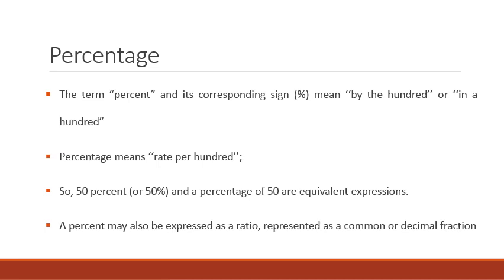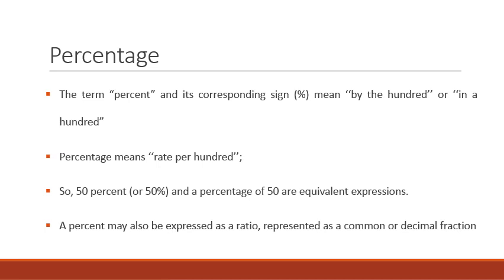So firstly, percentage. The percentage can be expressed by two terms. Number one is percent and second is percentage. The term percent and its corresponding sign mean by the hundred or in hundred. Similarly, percentage means rate per hundred.